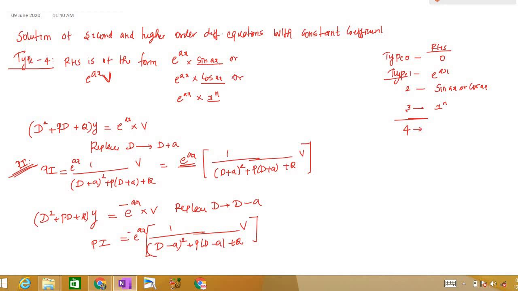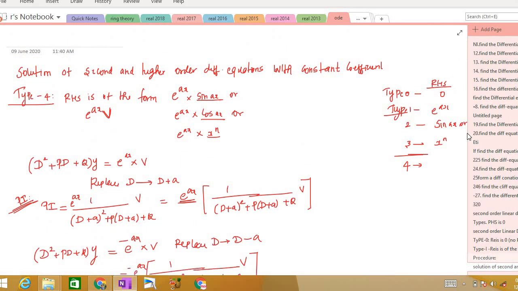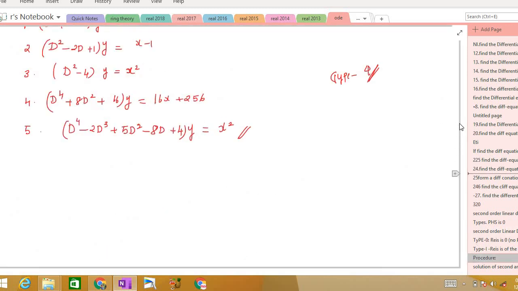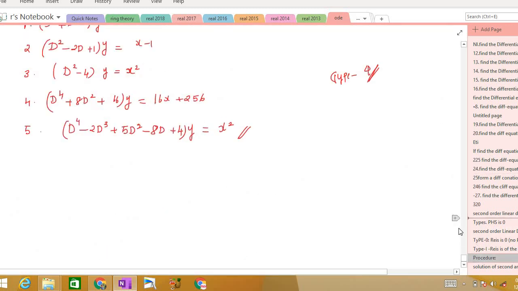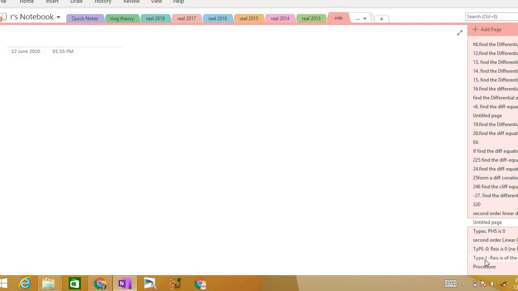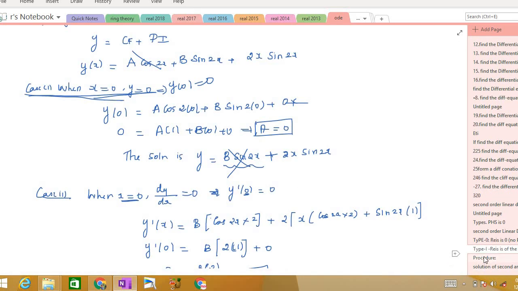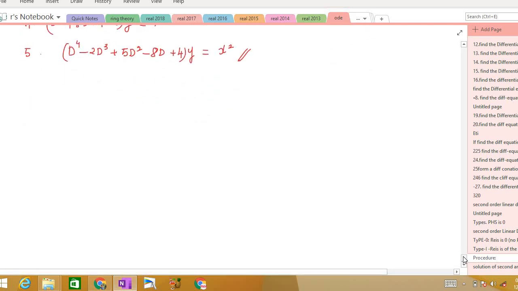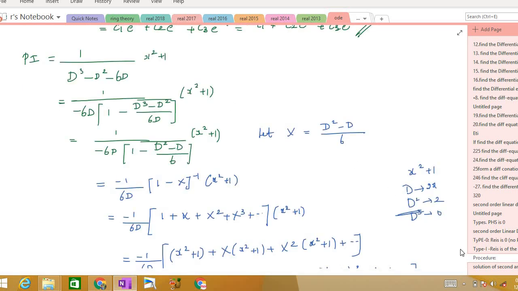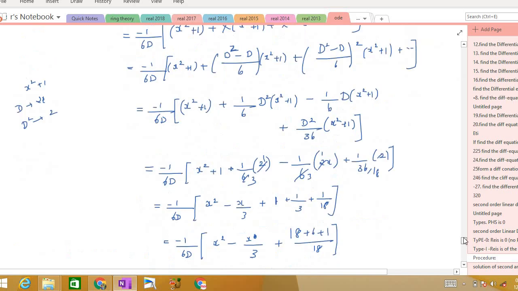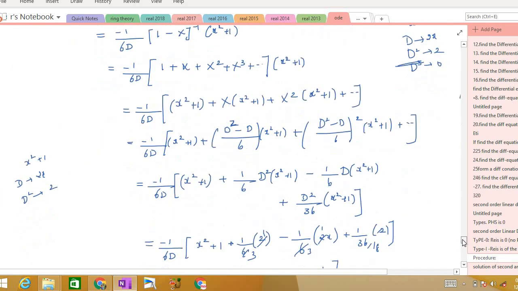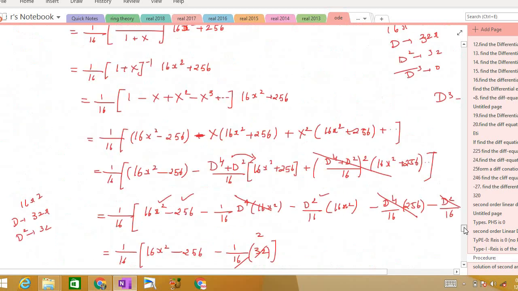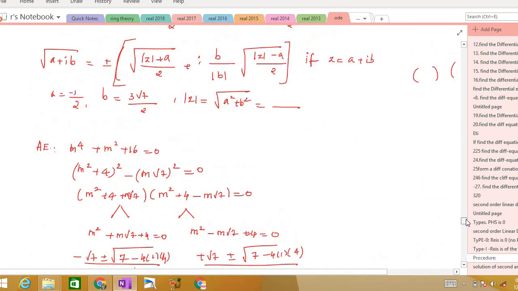We'll see whether we have solved it in type 2. Yes, here it is, I think.